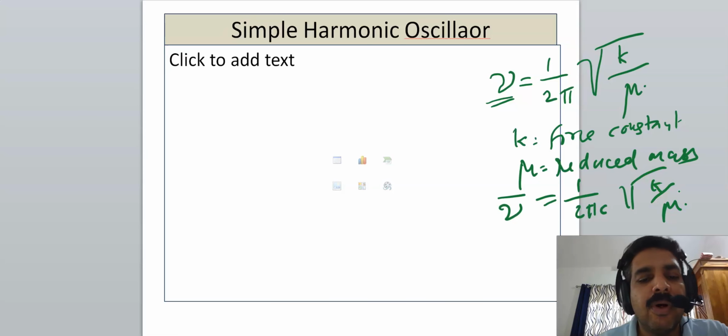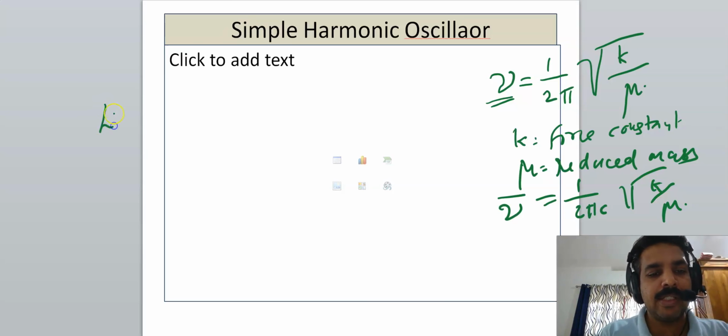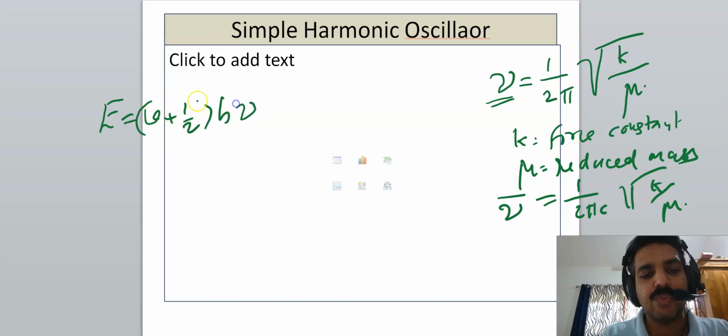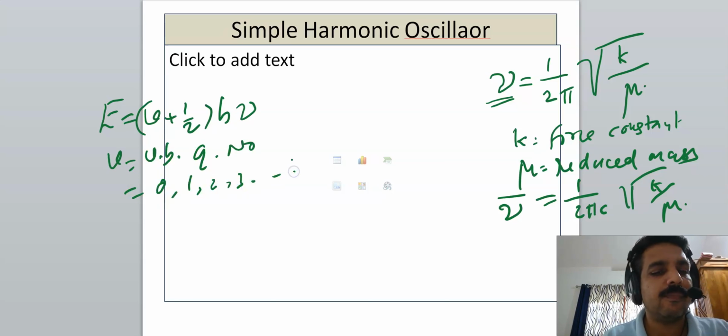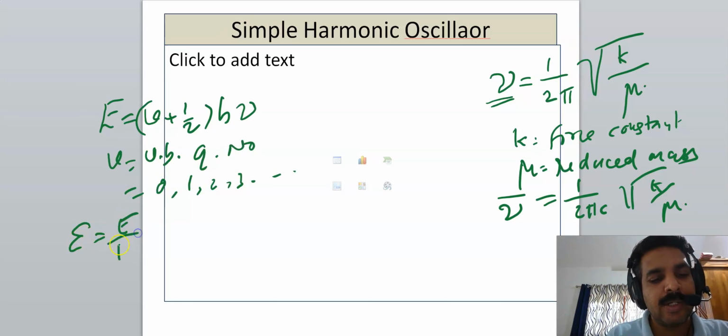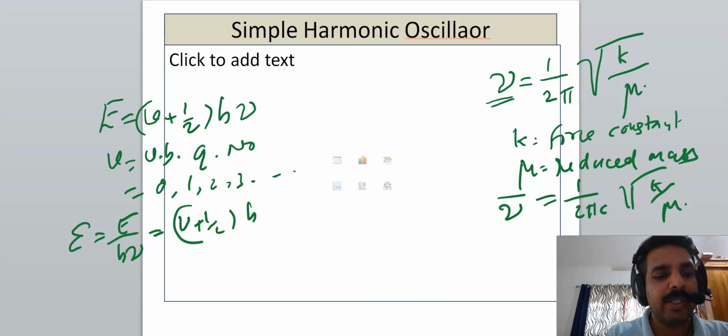By solving the Schrodinger equation for the simple harmonic oscillator, we get the energy equation. Energy is quantized: E is equal to (V plus half) h nu, where V is the vibrational quantum number, whose value starts from 0, 1, 2, 3, etc. In terms of wave number, we write epsilon, that is E divided by hc, not h nu.